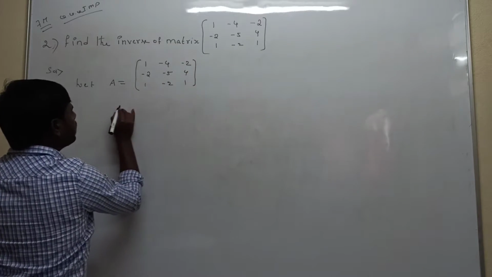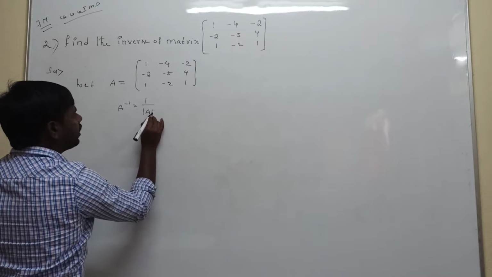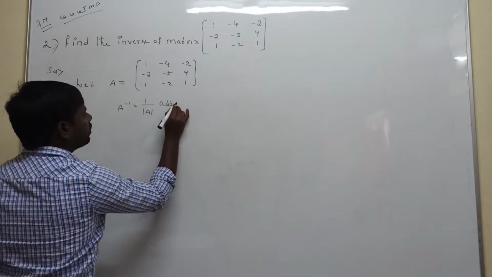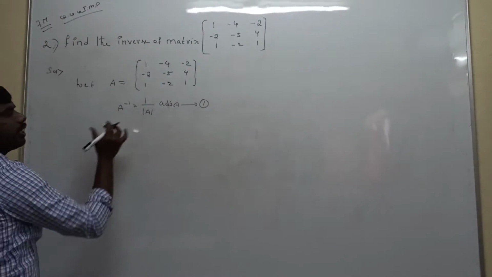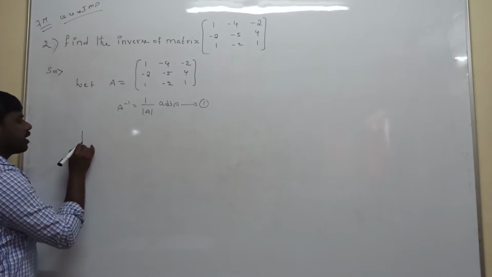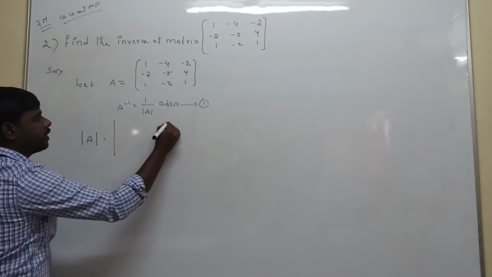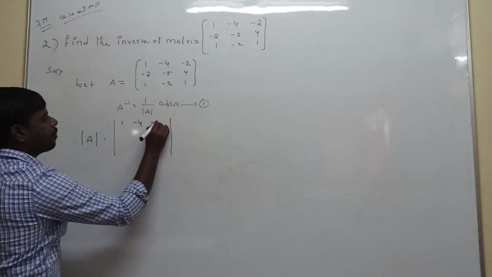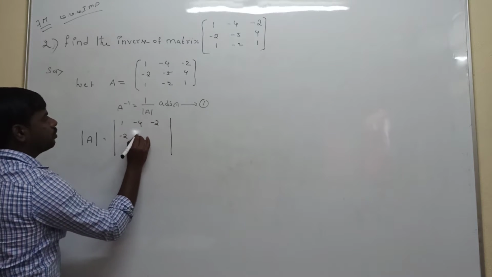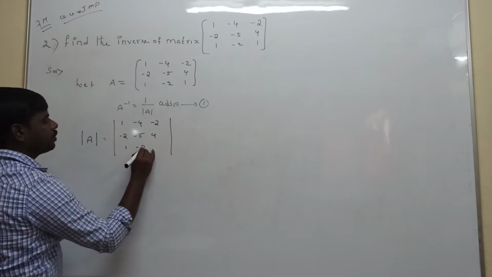To calculate, A inverse is equal to 1 divided by determinant of A times adjoint of A. So to calculate the inverse of matrix A, first we calculate the determinant of A. See here how to calculate the determinant of A. Substitute the values: 1 minus 4 minus 2, minus 2 minus 5 4, 1 minus 2 1.